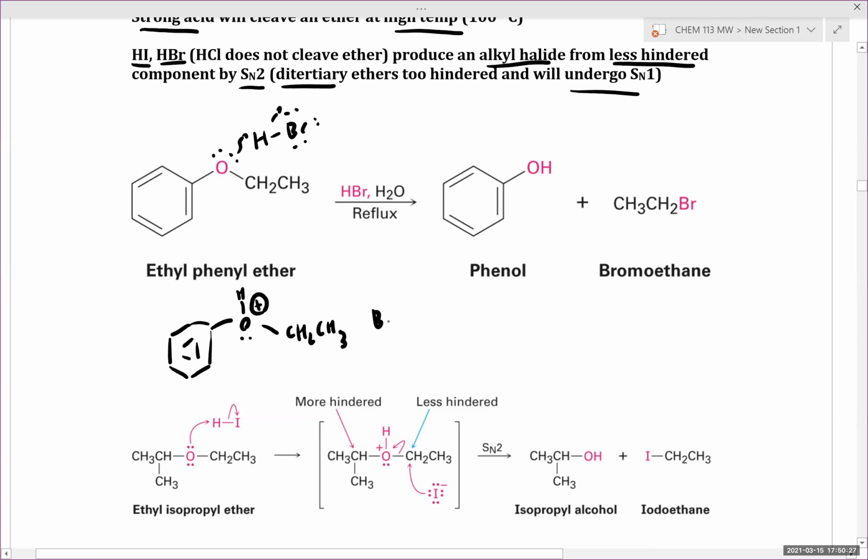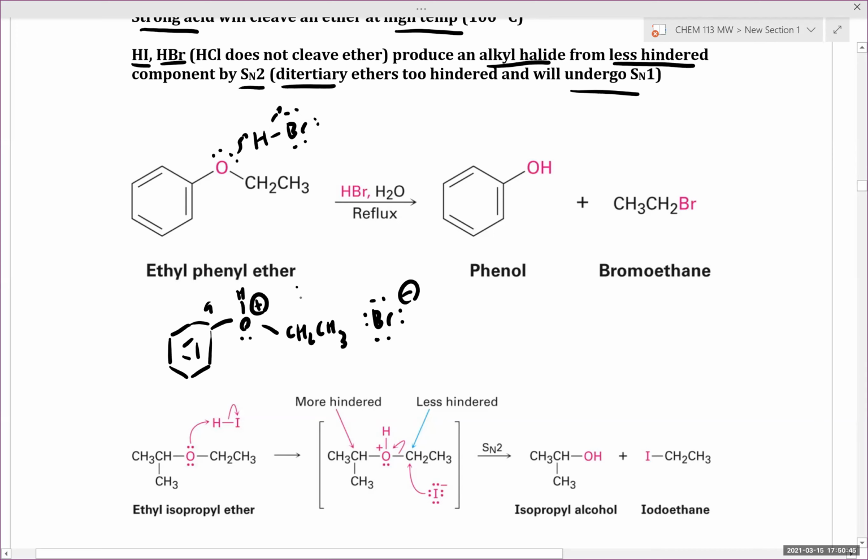From there, your nucleophile of bromide is going to attack the less substituted position where you can actually see displacement. This is one of the few cases where we have an SN2 reaction run under acidic conditions.